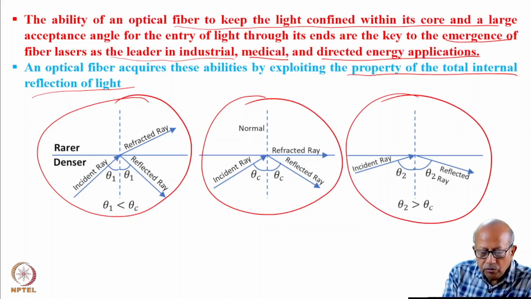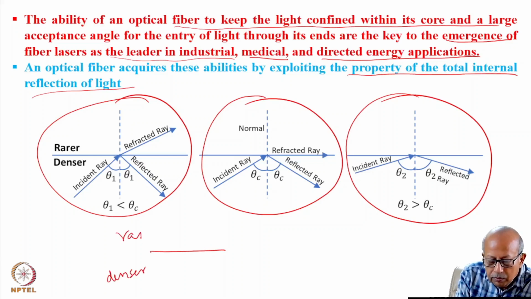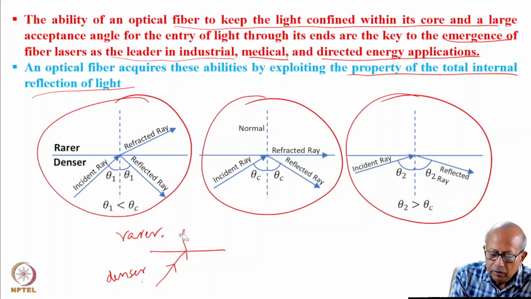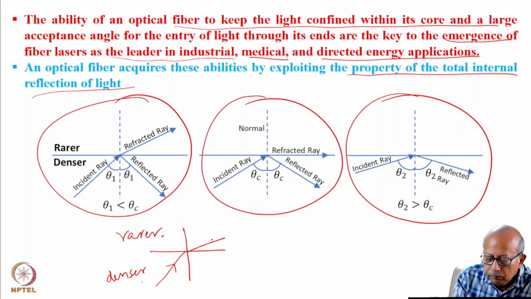But before we get into this, you know that when light travels from a denser to a rarer medium, then it undergoes refraction and bends away from the normal.